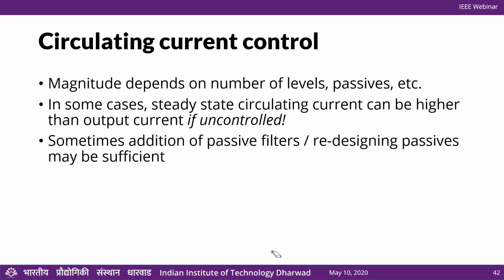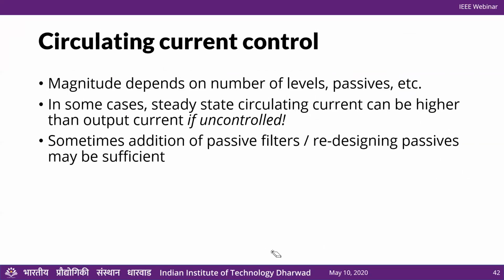Okay, so I touched on some of these earlier. The magnitude of the circulating current depends on number of levels, passives, exact modulation scheme being used, and so on and so forth. Also how the capacitors are being balanced, but we won't go into that at the moment. In some cases, I have seen this in one of the system designs that we did.